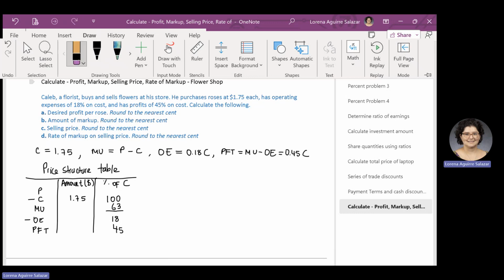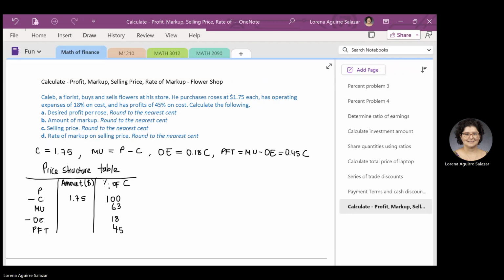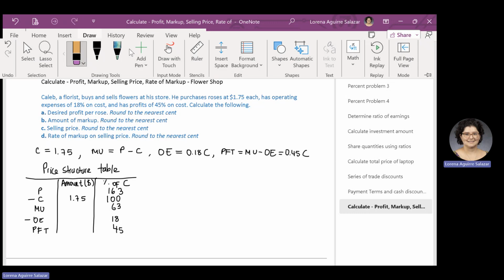Something else we can infer from the information that was given is that price should be 163% of the cost because 163 minus 100 gives us 63%. And we know that markup is price minus cost. So when we subtract the percentages right here, we get 63.